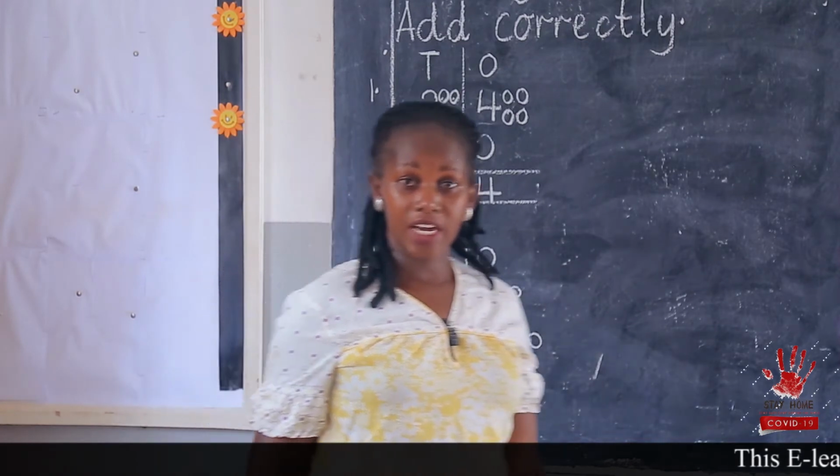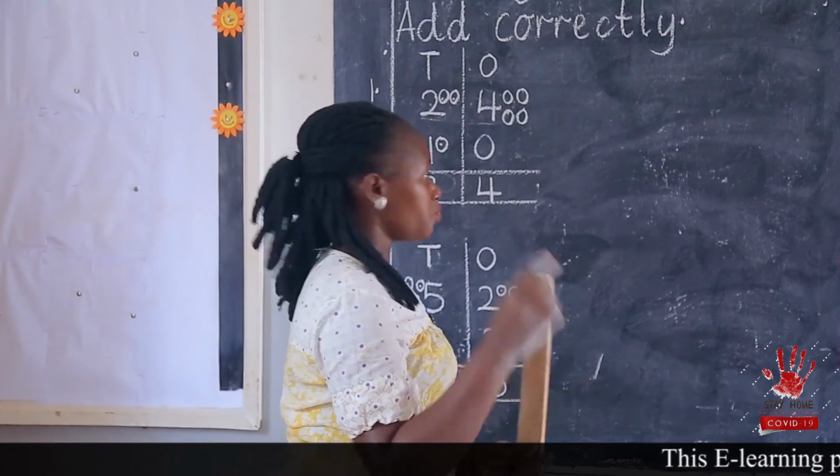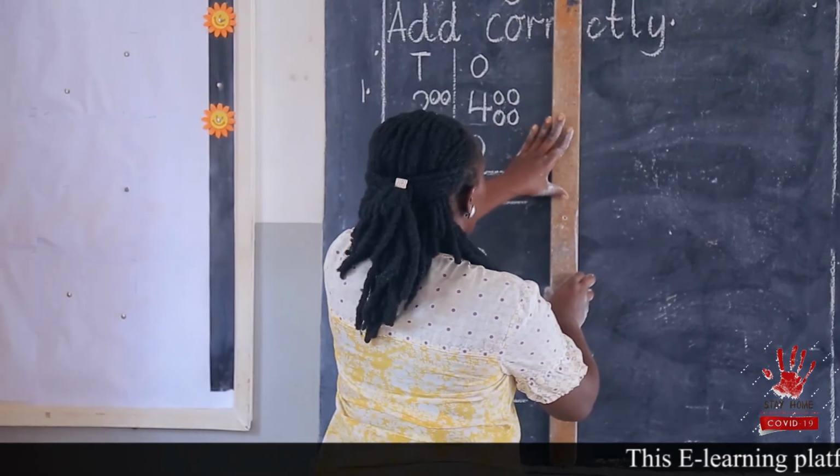Isn't it simple work? Should I give you one more number? You do it for me. I'm going to give you a number. Here it is.